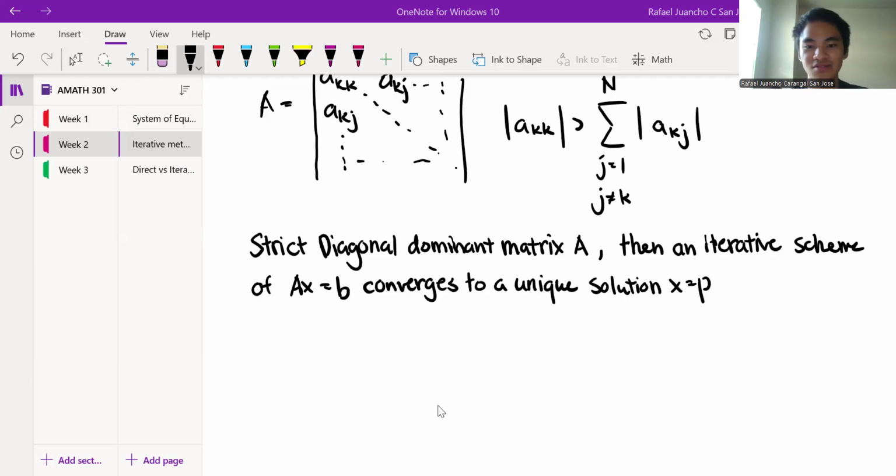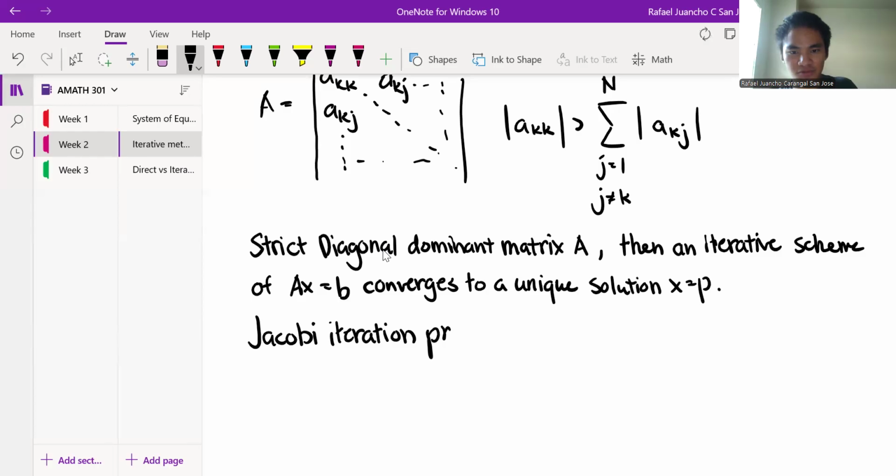We will find solutions for X. A Jacobi iteration produces a sequence of p-values that will converge to P for any initial point. That's the important part, actually.